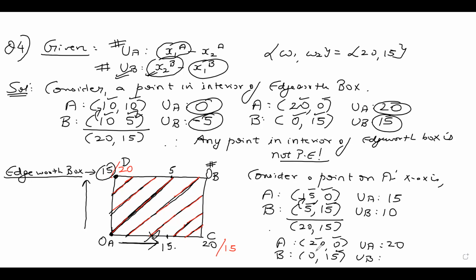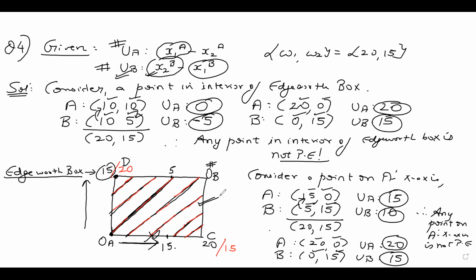The utility which B gets will be 15 minus 0, which is 15. You can see that A has become better off, B has also become better off. Therefore, any point on A's x-axis is not Pareto efficient. By similar logic, guys, you can see if I take a point here, suppose I take a point here on COB.